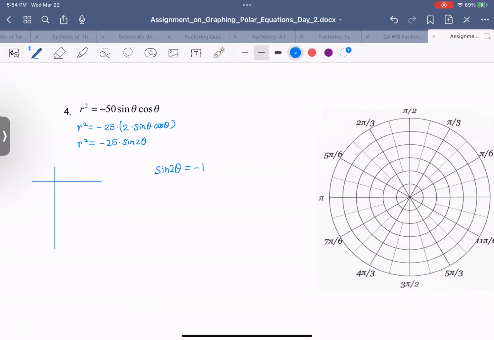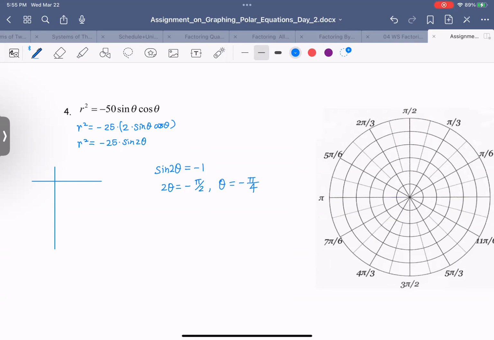When this is negative 1, 2 theta will be negative pi over 2, right? Sine negative pi over 2 is negative 1. So theta will be negative pi over 4, right?